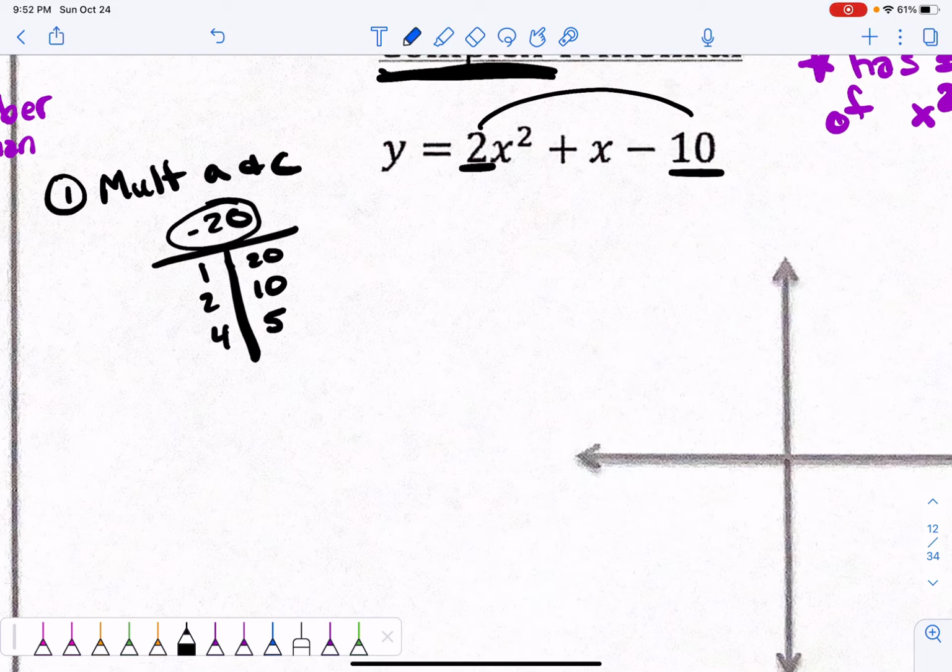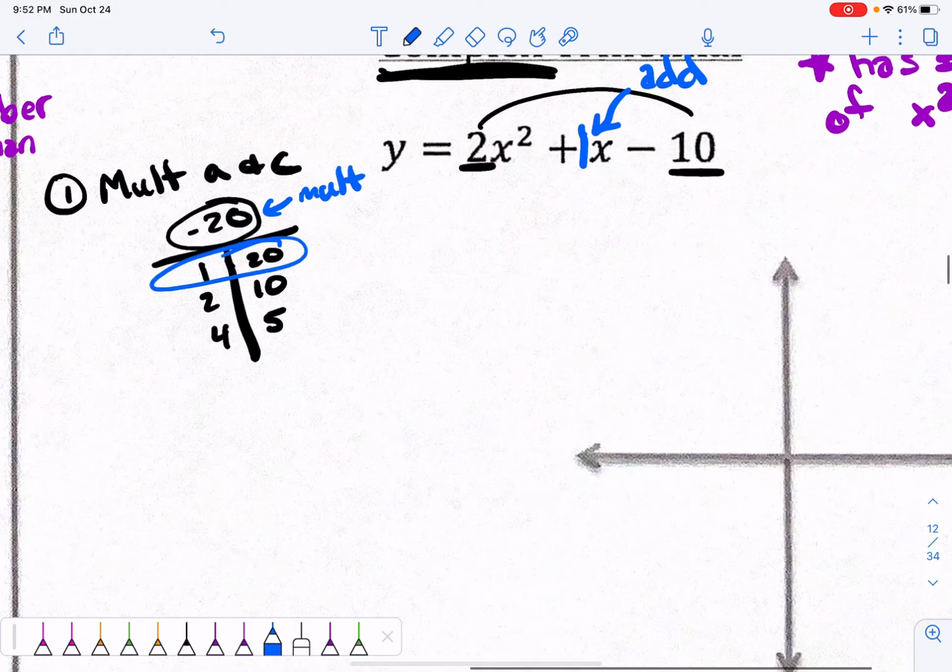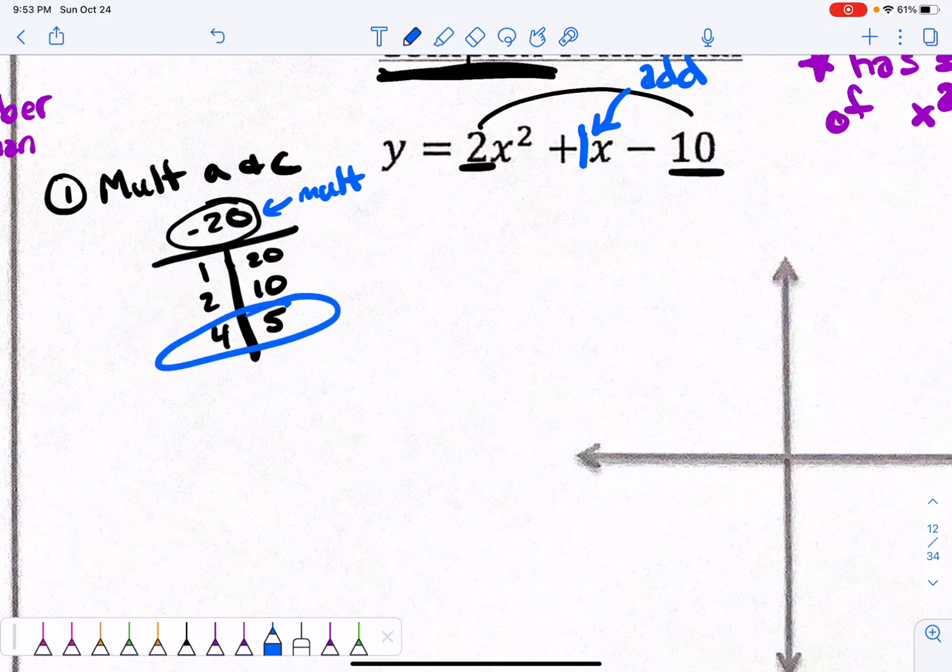I want to multiply to get negative 20, but when I add them, give me this middle number, and there is no number in front of that x, so we assume that it is 1, all right? So which one of these combinations will give me a positive 1 when I add them together? It's going to be this one. So this 4 is going to be negative, and the 5 is going to be positive, okay? So that's step number 2, choose your numbers.